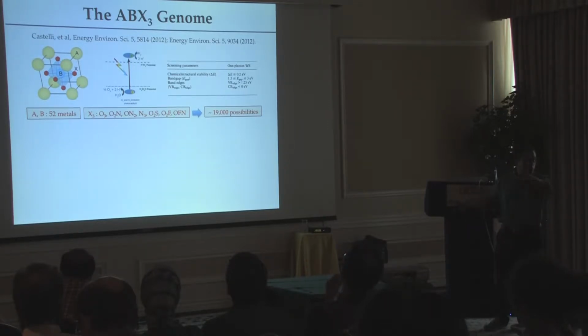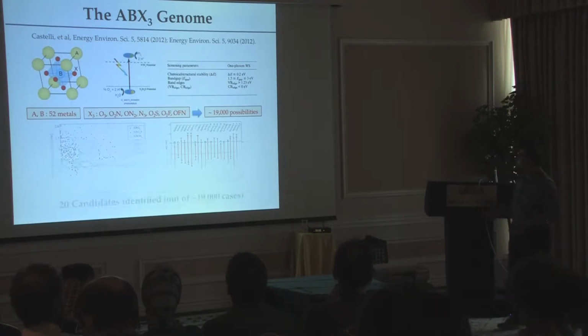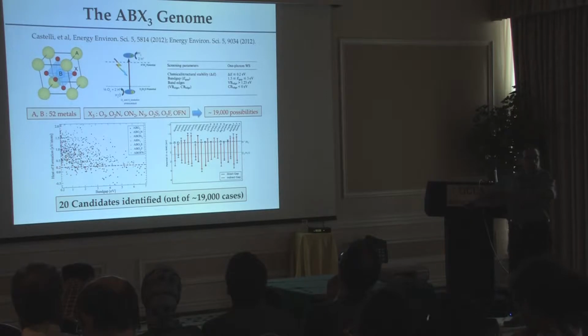So 7 times 2,704 gives you around 19,000 cases. They did DFT calculations on all of this, and it's all available in a database, the Computational Materials Repository. And from that, they decided to screen based on these criteria and identified 20 candidates which meet their stability criterion, their band gap criterion, and the band edge criterion.